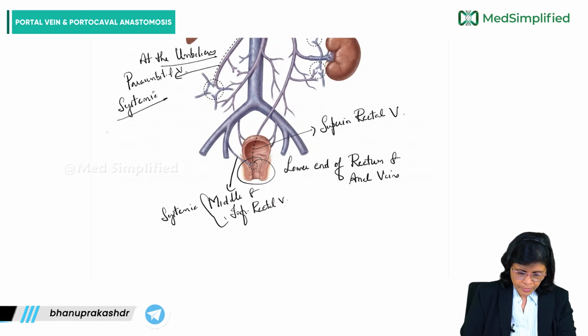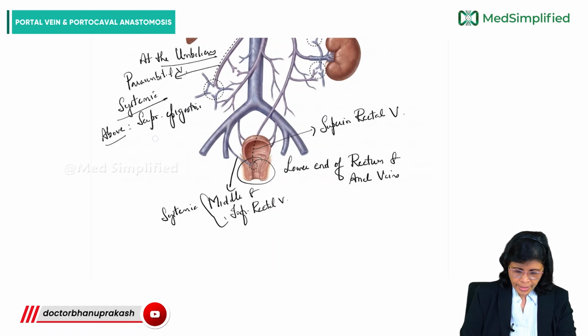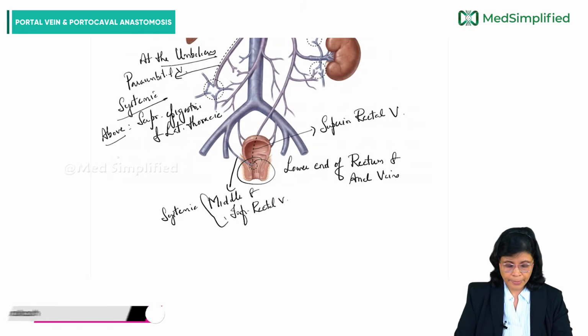From above we will have the superior epigastric and lateral thoracic veins.